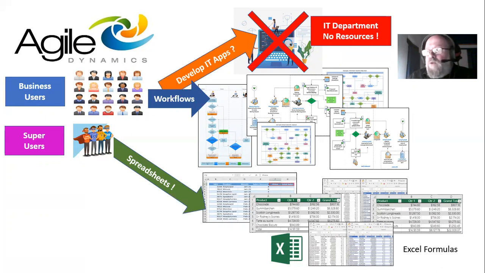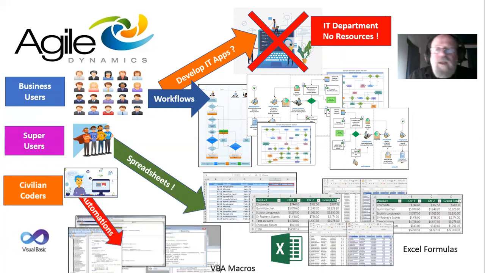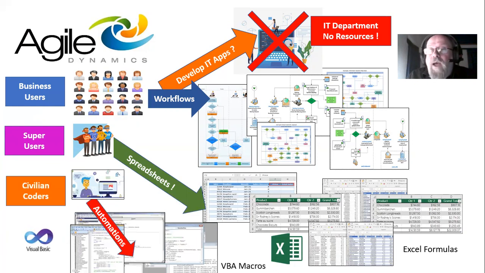But of course, there's only so much you can do with the formula language of a spreadsheet. You also need to be able to do automations that involve macros. And macros are written in Visual Basic. So a smaller set of citizen coders get their head around small amounts of Visual Basic, enough to be able to move data about, trigger things, get things to integrate from one spreadsheet to another.